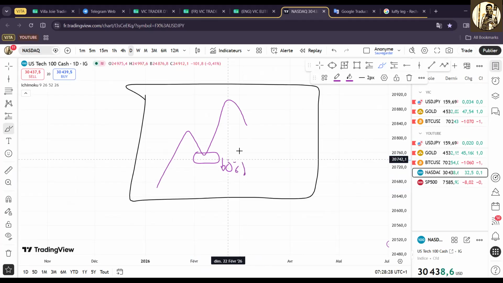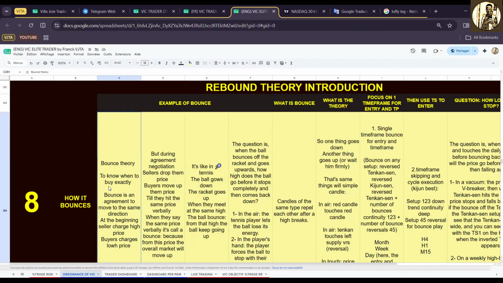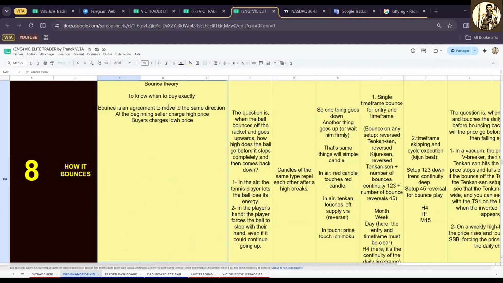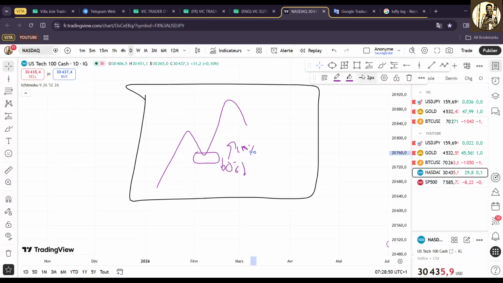And 100% chance to go up, so that you can invest and earn the money with more certainty than others. So the bounce theory is to know when exactly to buy, because you need to buy when you have this type of configuration, when you have 0% chance to go down and 100% chance to go up.